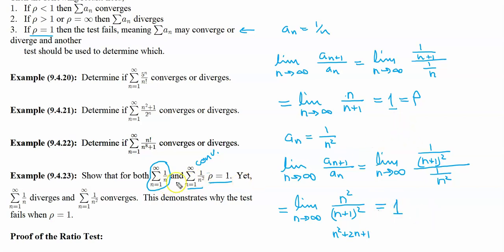So for both of these series, the rho came out to be 1, yet one series diverges and the other one converges. So we see why, with this example, when rho is equal to 1, the test fails.